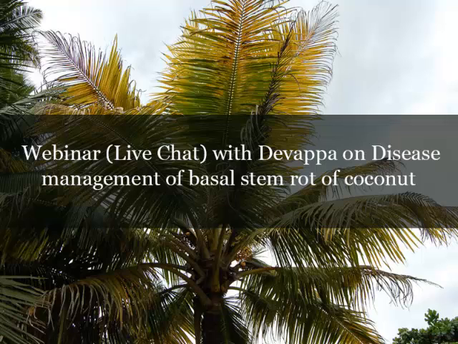These mushroom-like structures in the basal portion of the stem are a clear-cut indication of the basal stem rot disease. Once they have appeared, the death of the plant can definitely be expected within 1 or 2 years. So these are the symptoms on the stem portion.